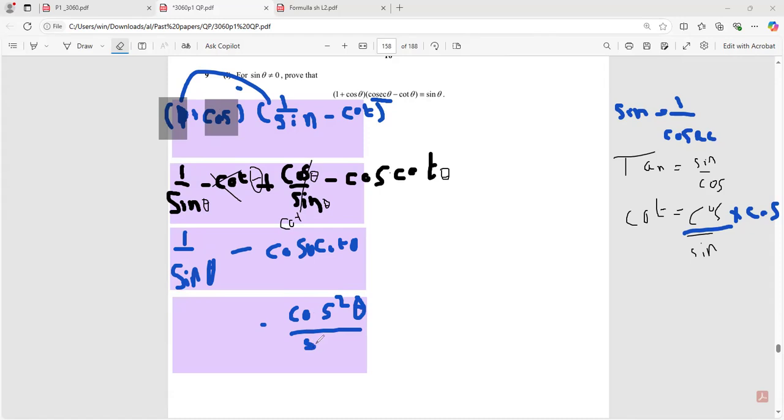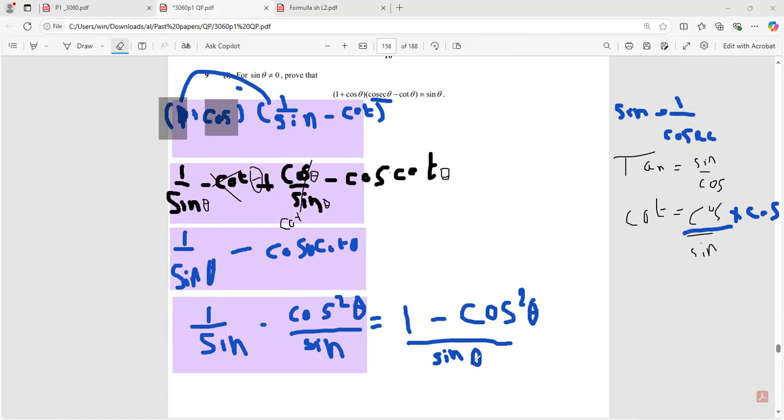Over sine. And now we have a common denominator, which is 1 over sine and cosine square over sine. So we can say it's equal to 1 minus cosine square over sine.